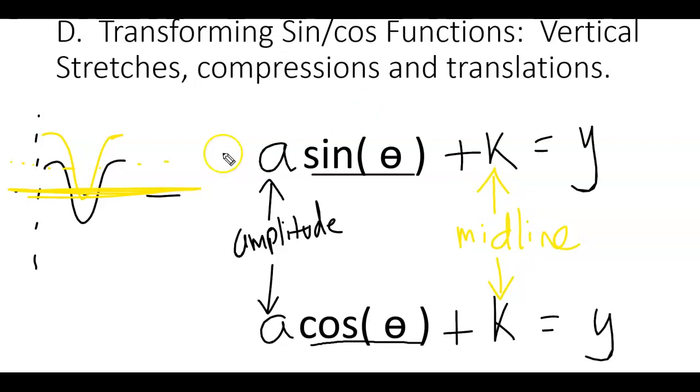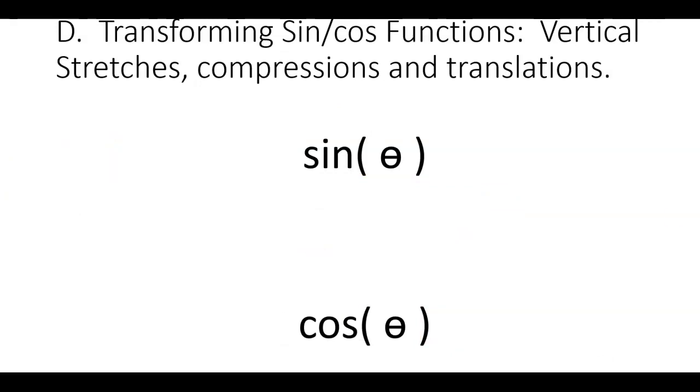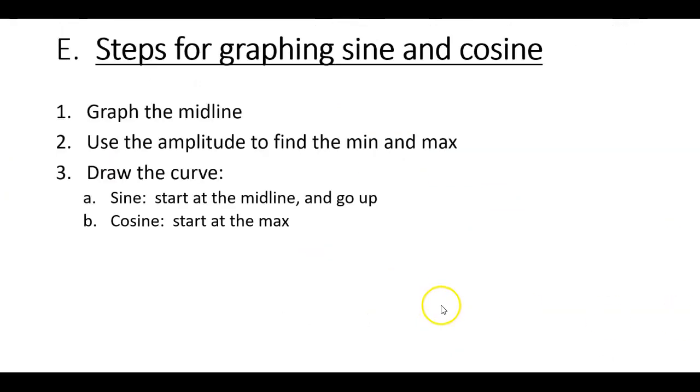So we know our midline, we know our amplitude, we know what sine looks like, we know what cosine looks like. We're ready to graph. So let's go ahead and see if we could bring this into practice. Here are the steps for graphing sine and cosine for now.